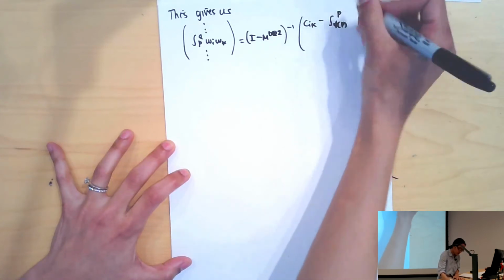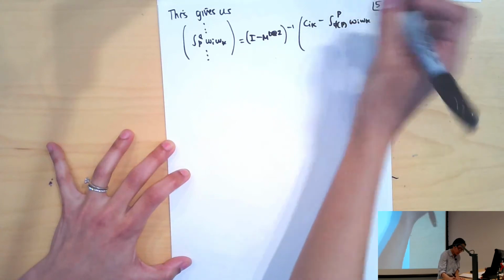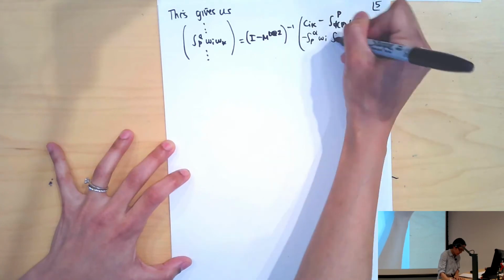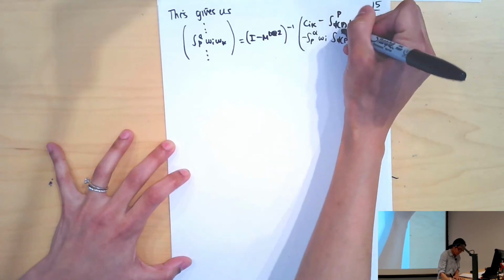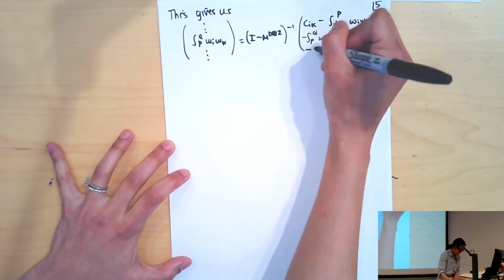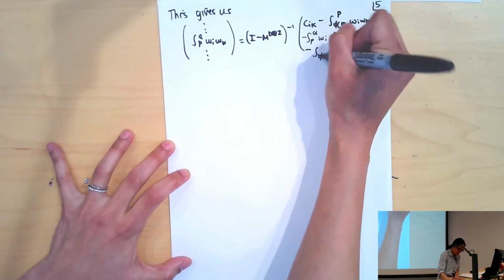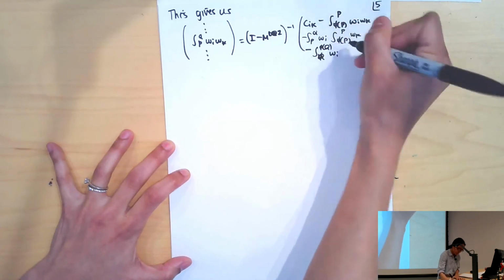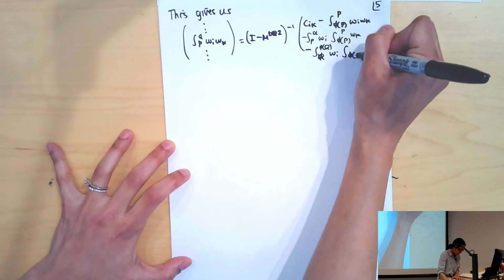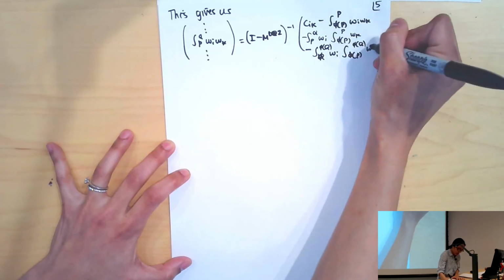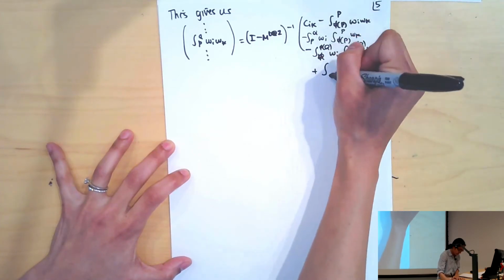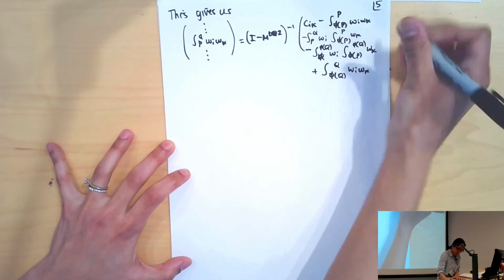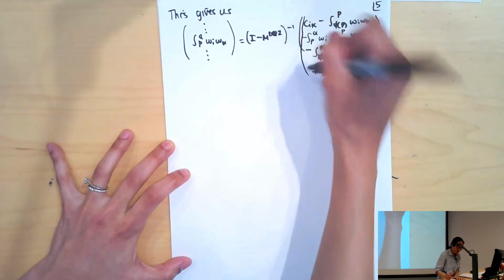So from phi of p to p, omega I omega k minus p to q omega I, so just some products of single integrals, minus another product from q to phi of q omega I phi of p phi of q omega k, plus one last tiny double integral.